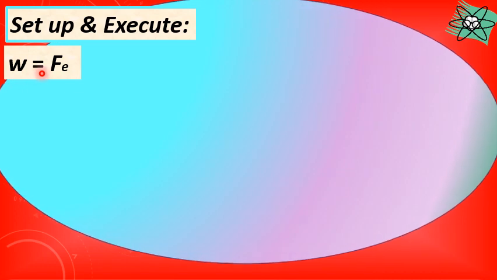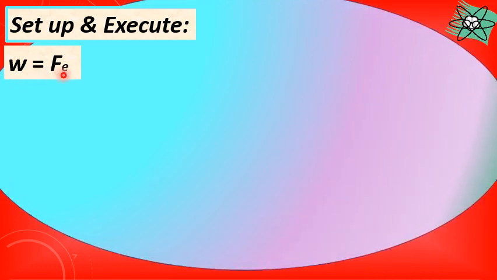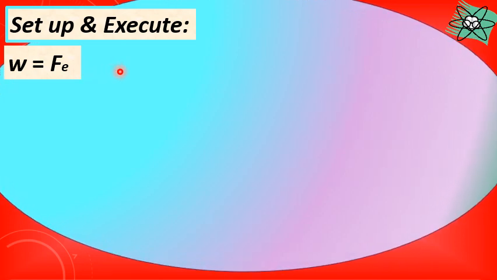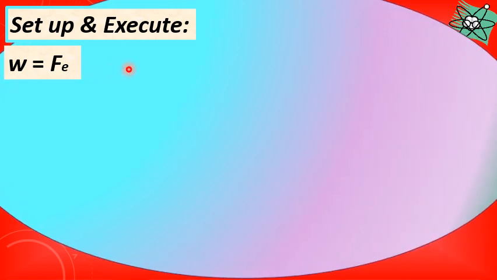The weight of the fish has the same magnitude as the spring force, denoted by F sub E. They are equal in magnitude but opposite in direction. So when this condition is satisfied, we say that the body, or the fish, is in a state of equilibrium.